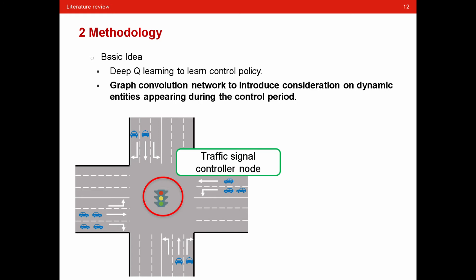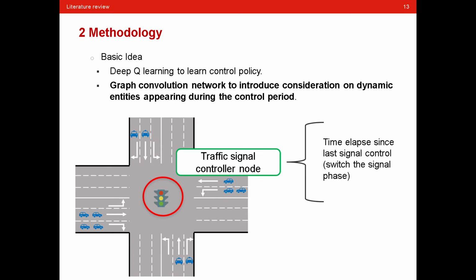This is the traffic signal controller. You can regard it as a traffic light or anything else that controls the phase of the intersection. The feature of this node is described as the time elapsed since the last signal control, that is, how long it has been since it last reached the signal phase.